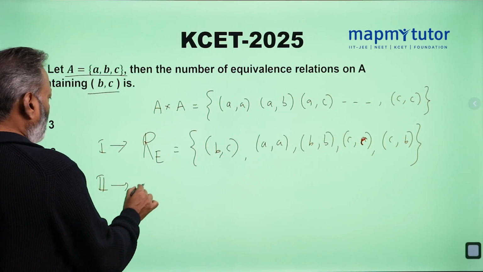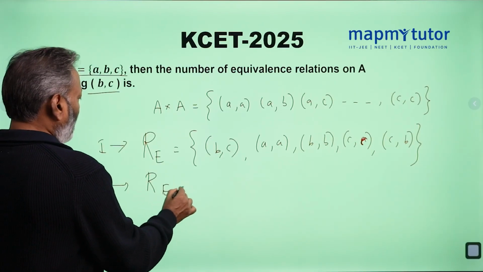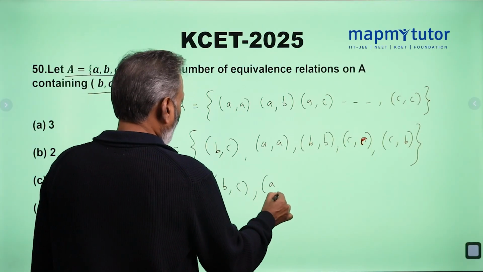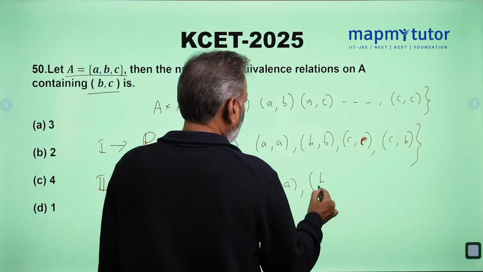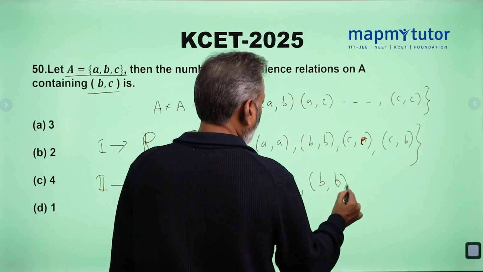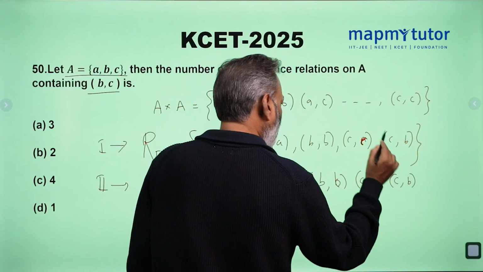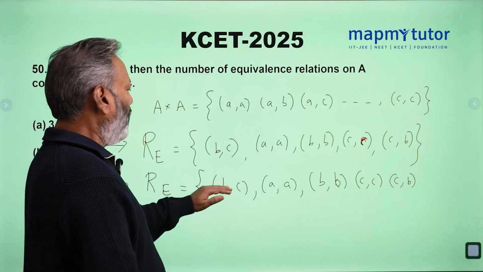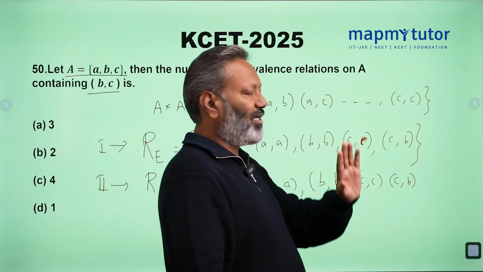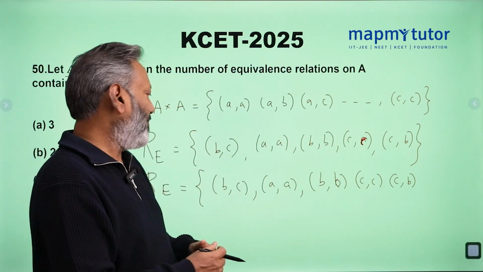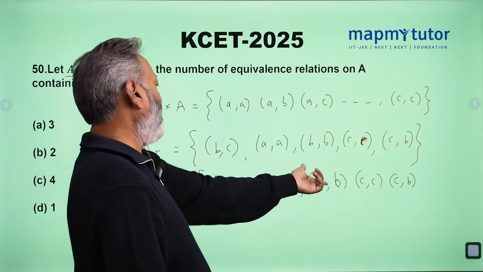What is case 2? Again, an equivalence relation. If you consider BC, AA, of course, as in the previous case, BB, CC, and CB. Up to this I can consider. Now 5 ordered pairs are already considered. The remaining 4, let me try with them. Suppose AB is not there.